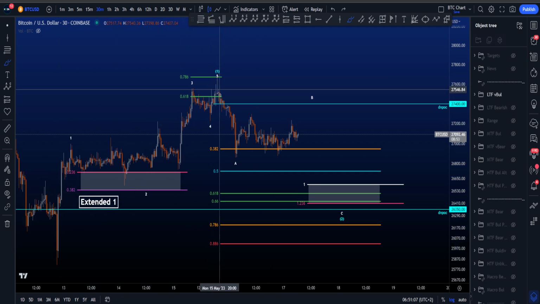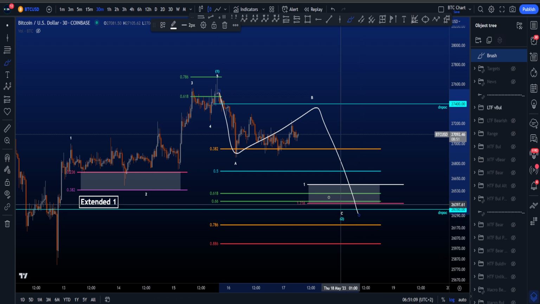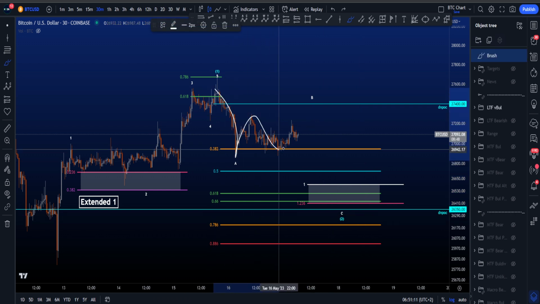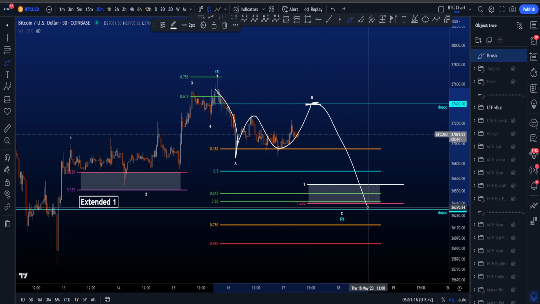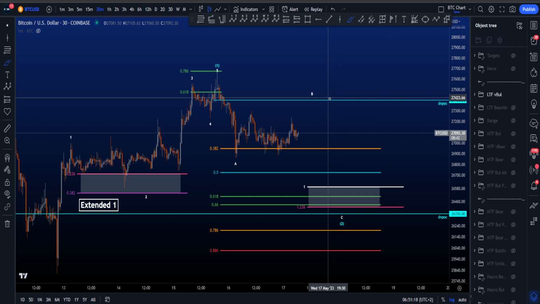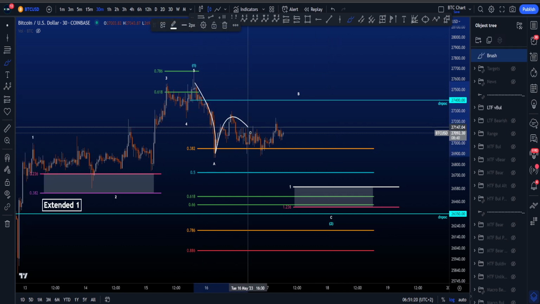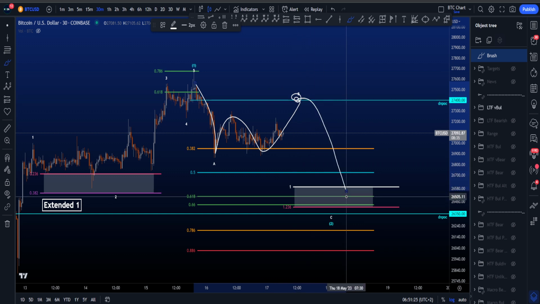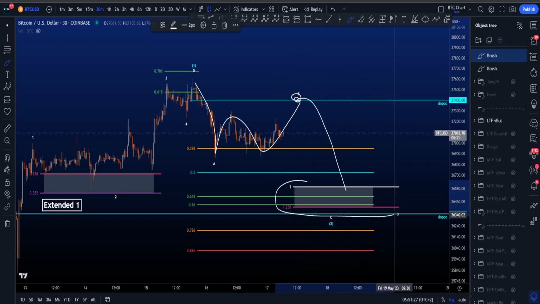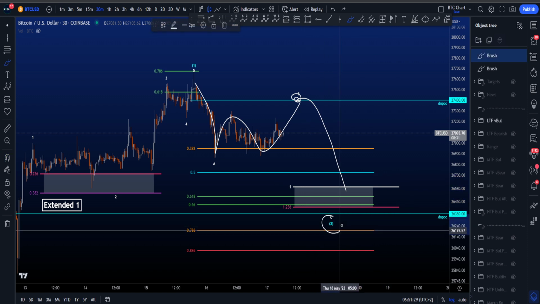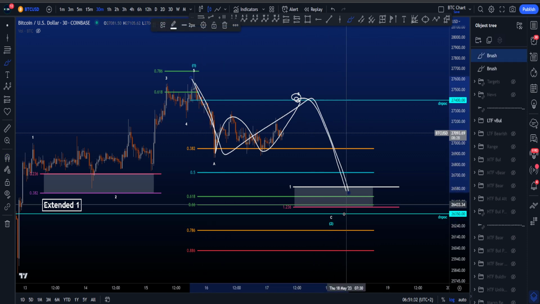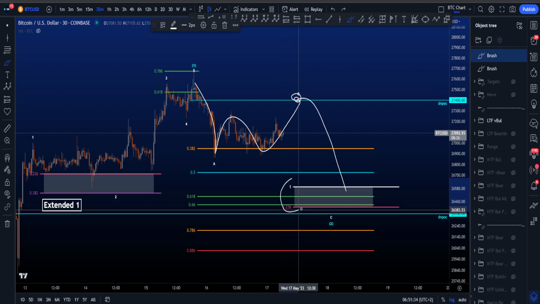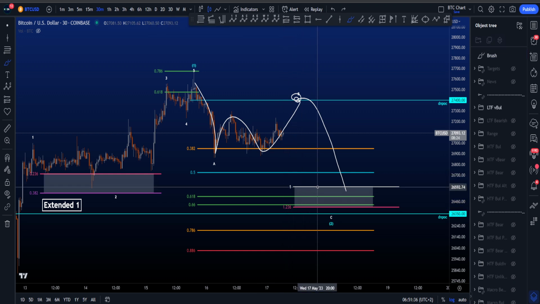So then we can be looking at a potential wave 2 in an ABC structure, which is an impulse, a 3-wave move where the daily naked point of control is again very interesting, for then eventually another 5-wave move to the downside. And if this is a wave A followed by a 3-wave in a wave B to the daily naked point of control, and then a wave C to the downside, the most common target area for wave C, and therefore the potential end of wave 2, is between the 1 and the 1.236, which is between 26.6k and 26.4k.